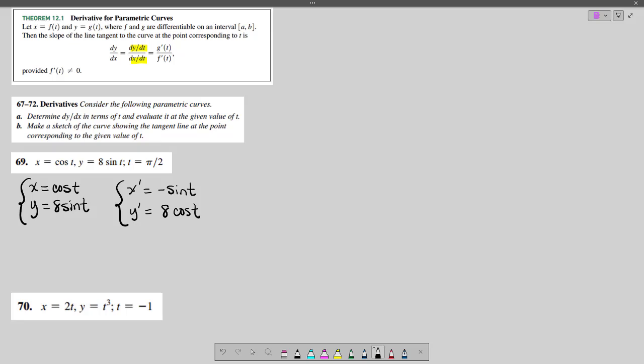And this tells us then that our dy/dx means slope of tangent. We're going to do the y's over the x's just like we normally do with slope. So y's over the x's. And if you wanted to, you could reduce this to a single trig function called cotangent of t.